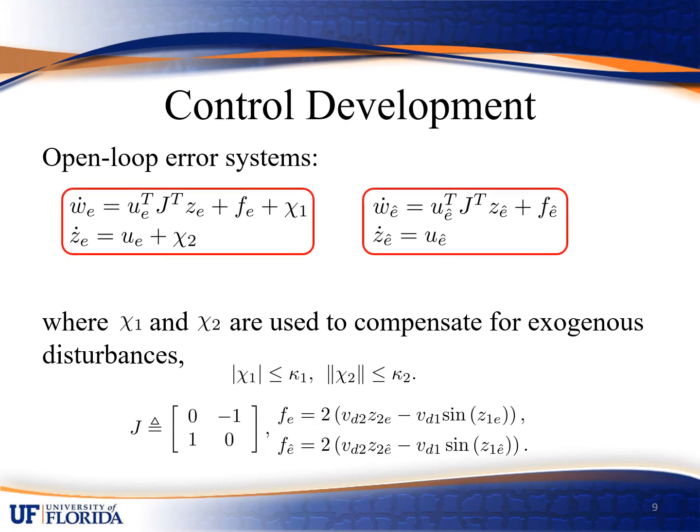J is the constant skew-symmetric matrix. F_e and F_e hat are auxiliary signals defined as shown. u_e and u_e hat are auxiliary control inputs, and chi_1 and chi_2 are used to compensate for exogenous disturbances.